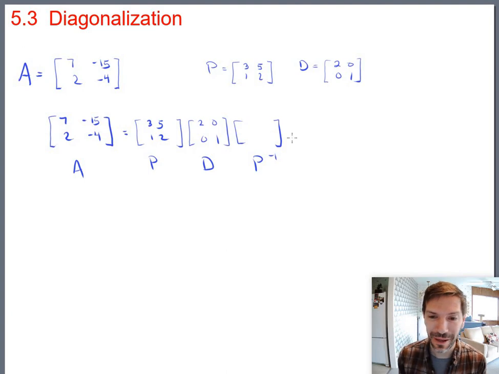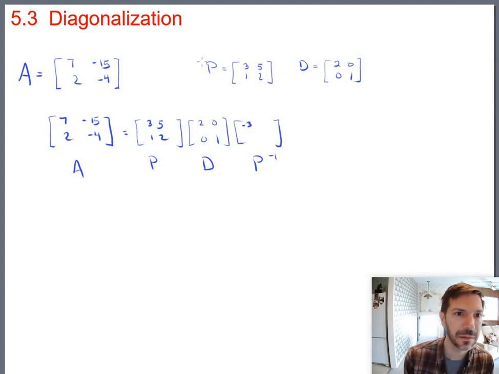Okay, so welcome back. Hopefully this worked out all right for you. First thing we should do is find the inverse of P, which you can certainly do with a calculator, but since it's a 2 by 2, you can also use the little 2 by 2 inverse formula that we have, which says change the sign on the, sorry, that's not right.